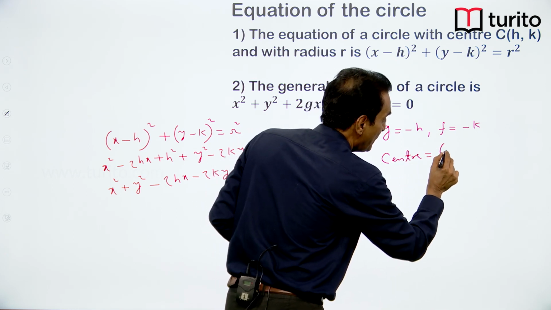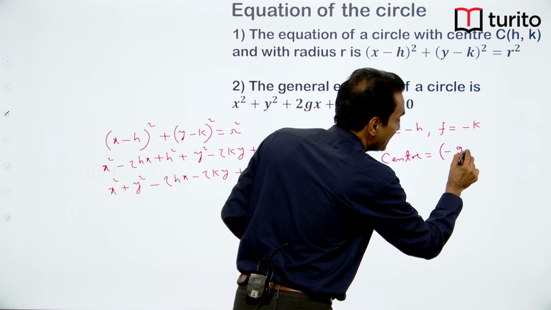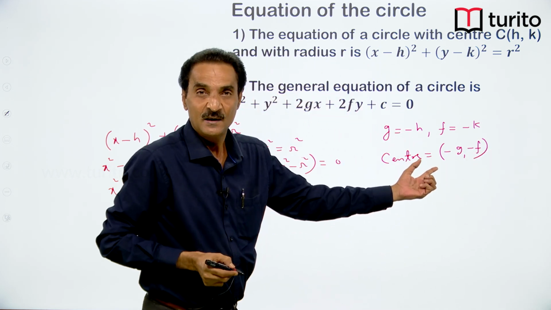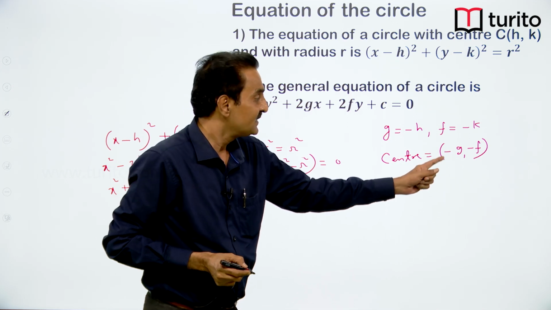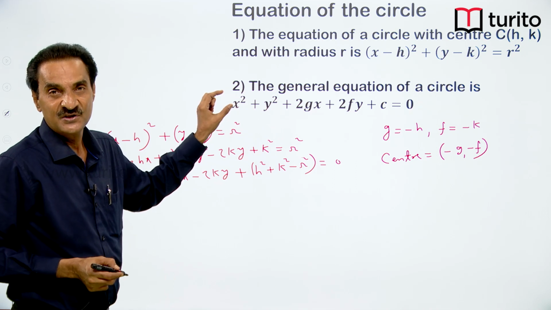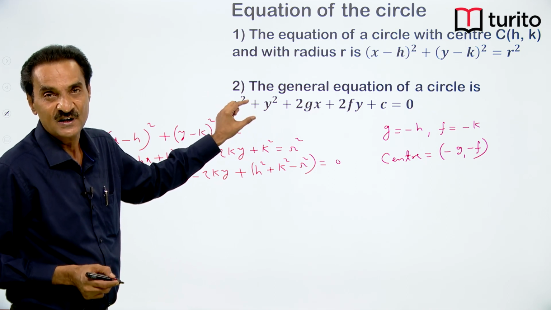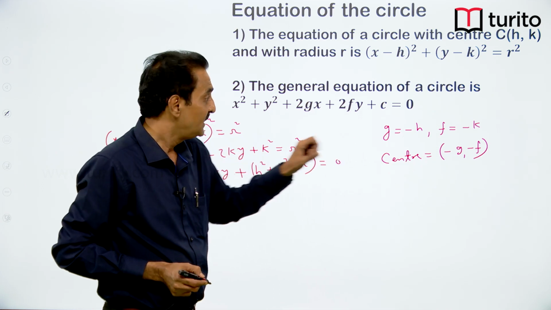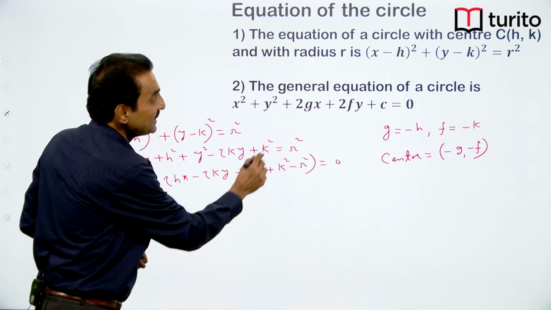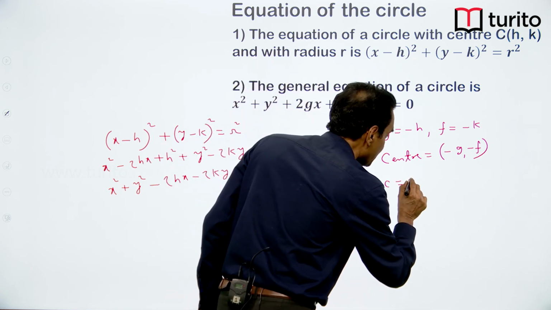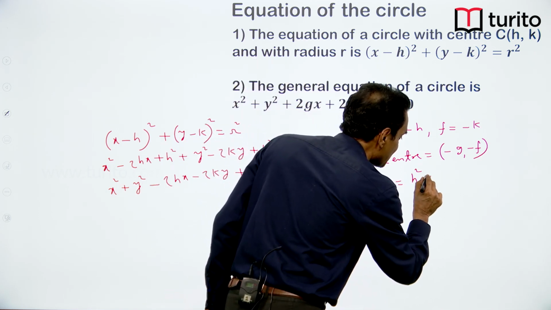Center will be (minus g, minus f). (h, k) will be (minus g, minus f). So, that is the formula for the center of this circle. If the equation of a circle is given in the general form, then this is the formula to find the center.